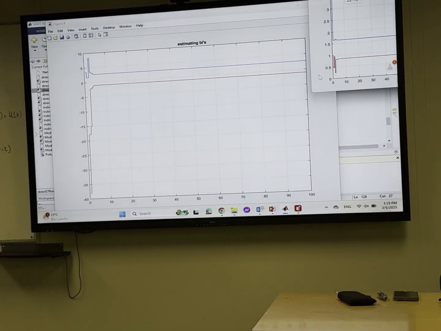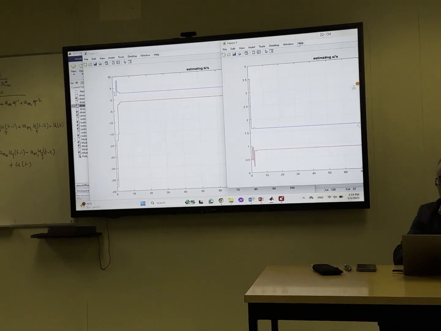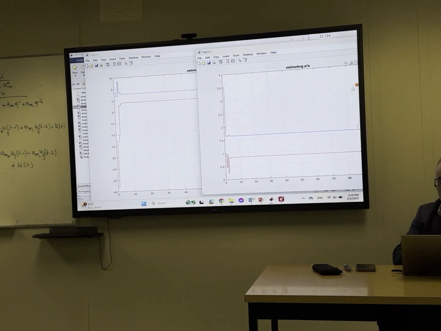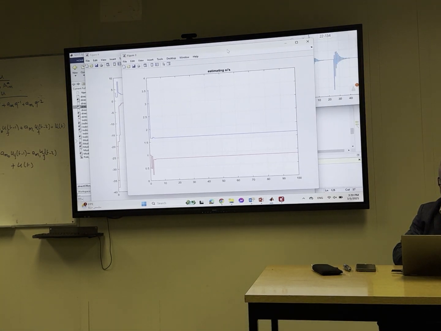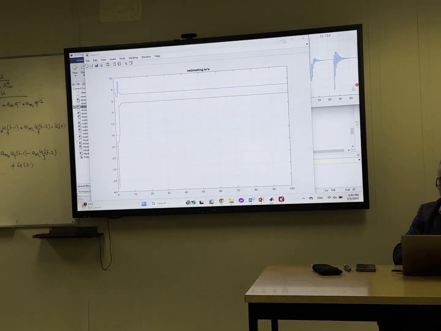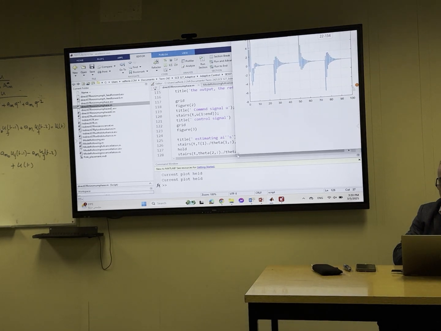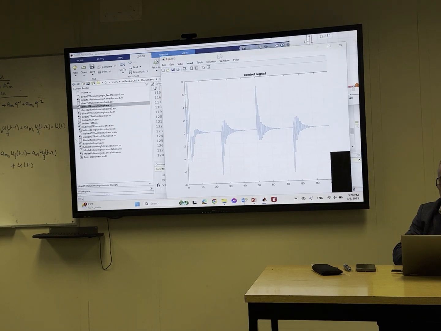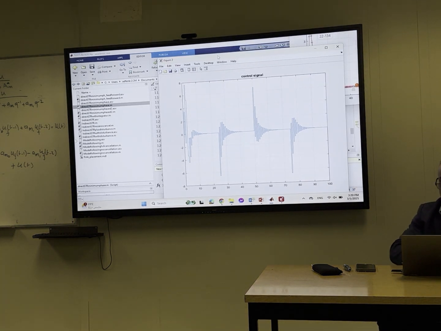These are the values of S0 and S1, also well defined. Don't look at the variable names, because this is the same code that I used from the previous algorithm. We are not identifying A and B, we are identifying R tilde and S tilde. From here you can see the controller is exactly the same as we had before.